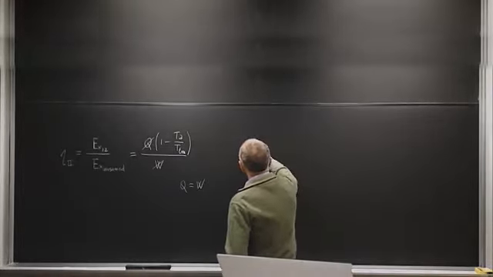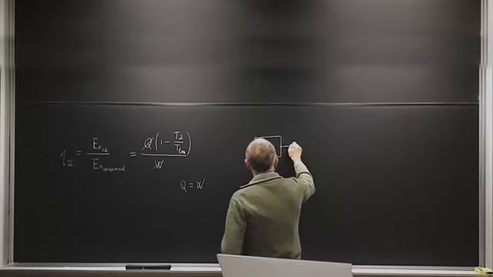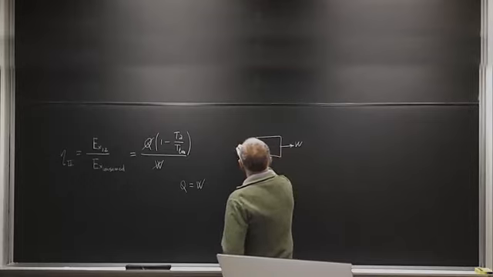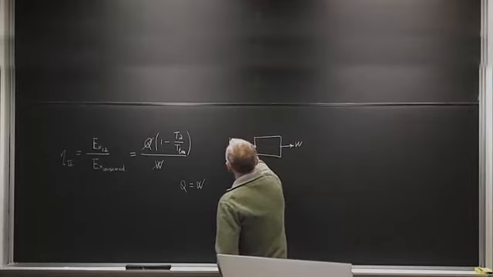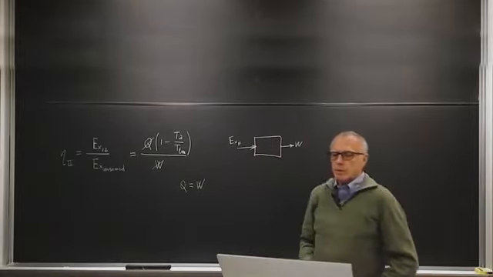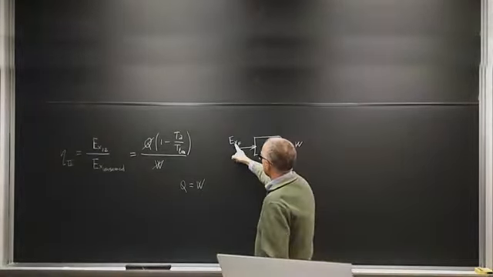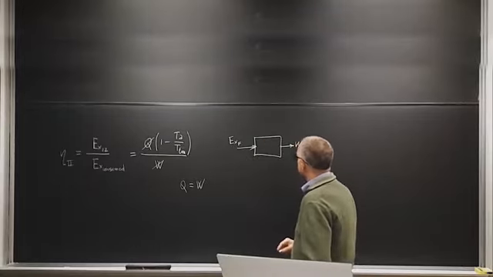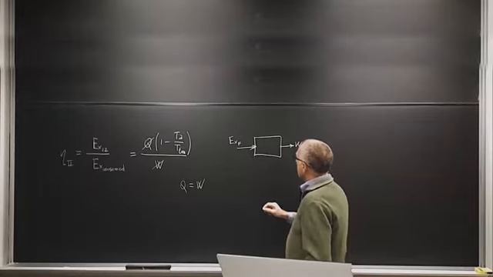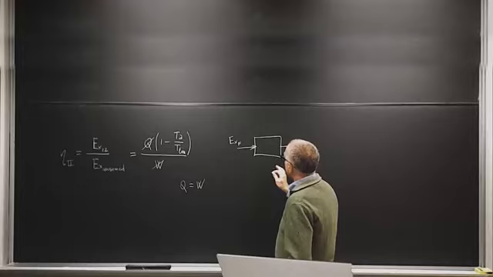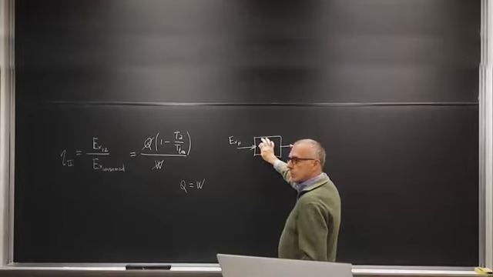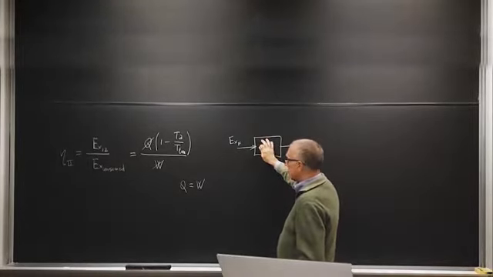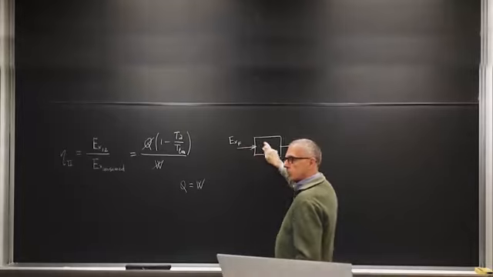If I have to produce this much work, and I'm using a fuel with an exergy that is this much, X, well, if there are no irreversibilities in my machinery, the exergy gets all transformed.